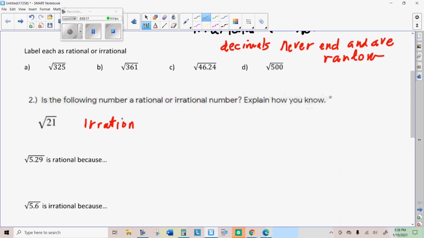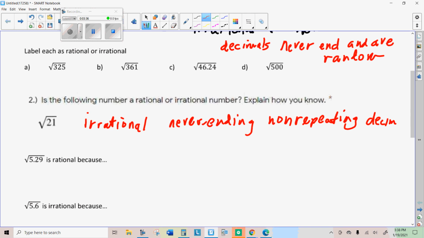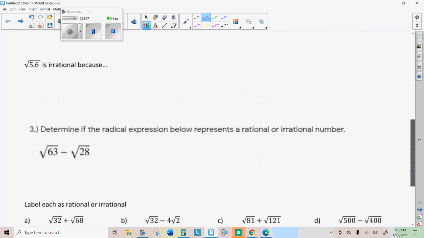And we're going to say that our reason for saying that is it's a never-ending, non-repeating decimal. Now, if we would have said it's rational, then we would have noticed that it's an ending decimal or a repeating decimal. Okay, so you guys you're going to finish those up.